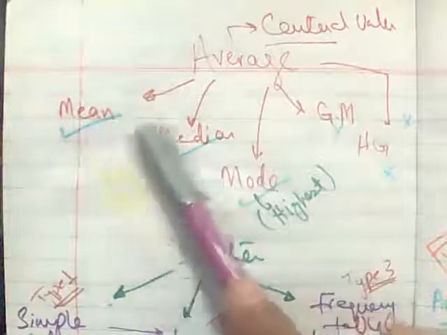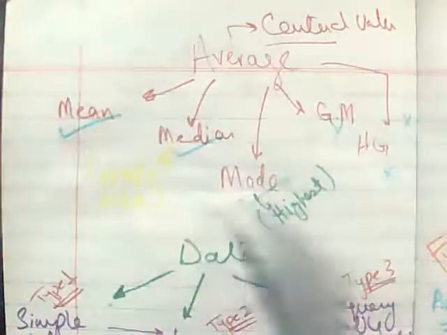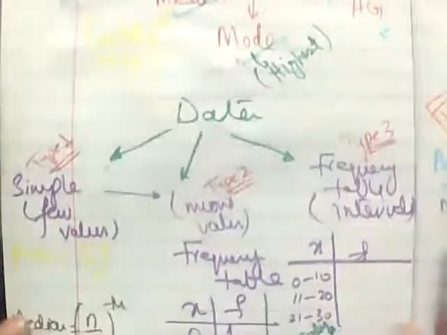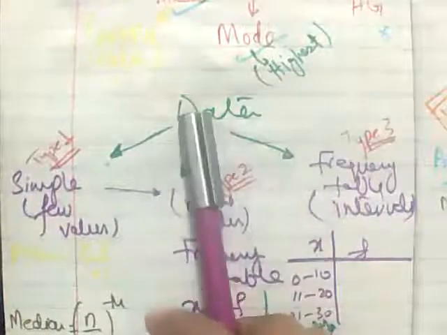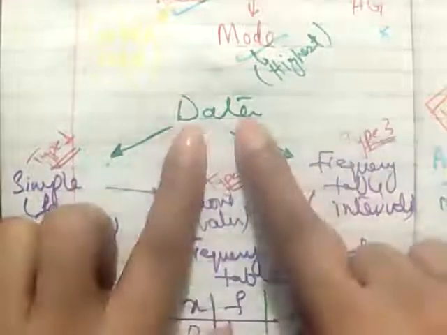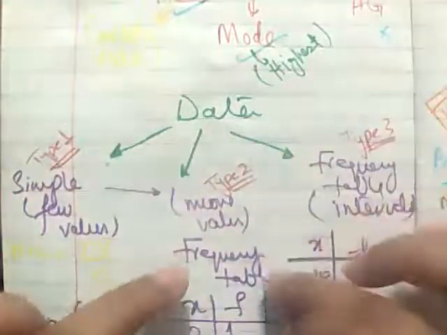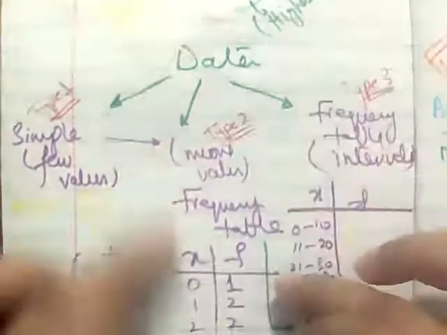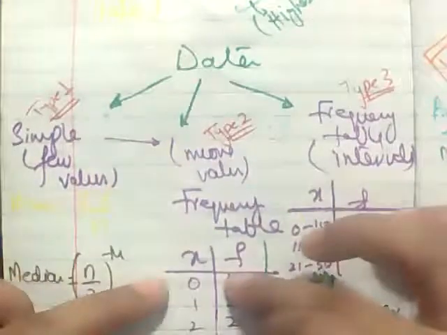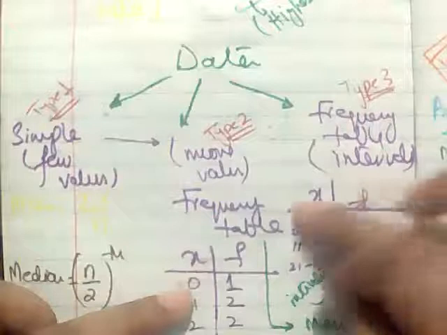And before going to median and mode, let me tell you one more thing, that whenever the data comes, it is basically categorized in two ways. Data may be in this form or maybe in this form.